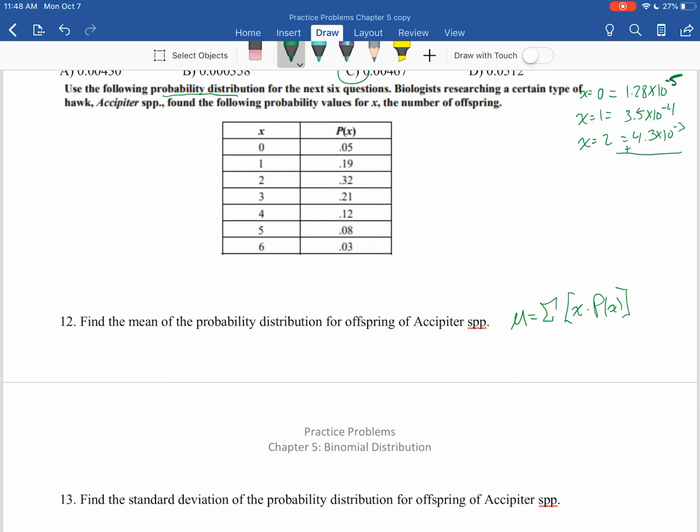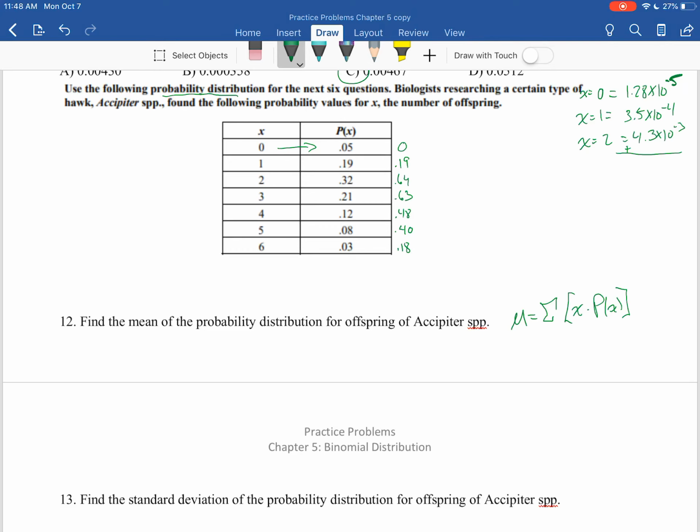So when you break this down, x times the probability of x: 0 times 0.05 is 0. 1 times 0.19 is 0.19. 2 times 0.32 is 0.64. I think you get what we're doing here. We're just multiplying x times the probability, so 0.48, then 0.40, and then 6 times 0.03 is 0.18.